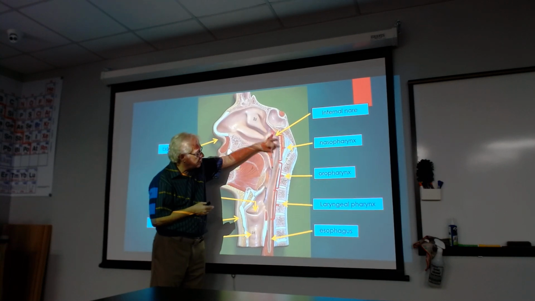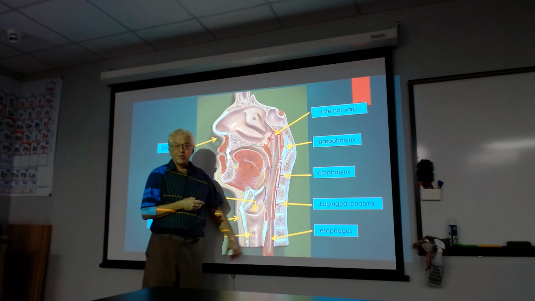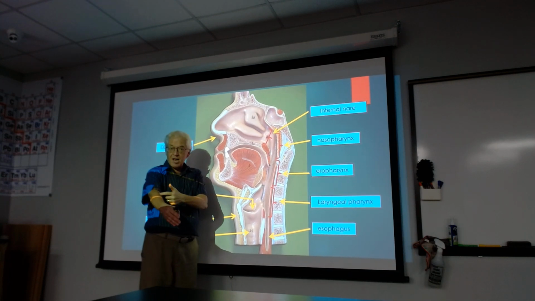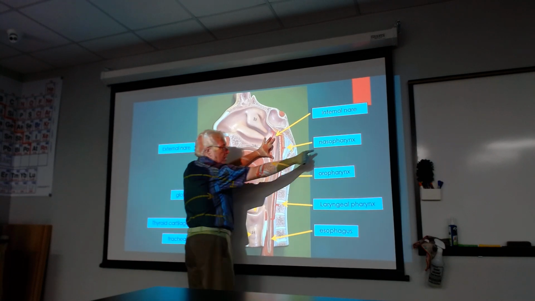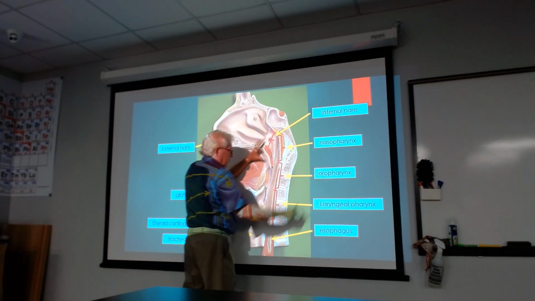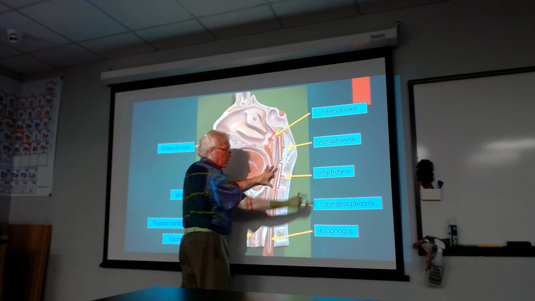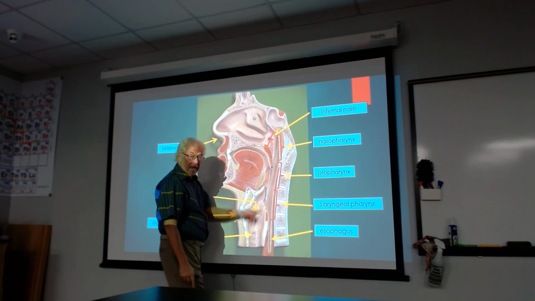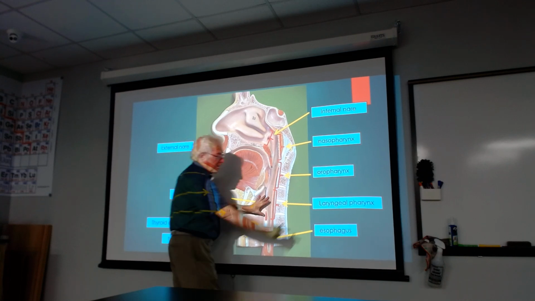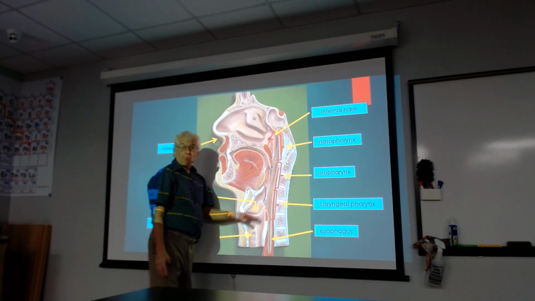Now this tube is called the pharynx, but just like your blood vessels have different names for different locations, behind your nose it's called the nasopharynx. Behind your mouth it's called the oropharynx. And behind your larynx, your voice box, it's called the laryngeal pharynx.